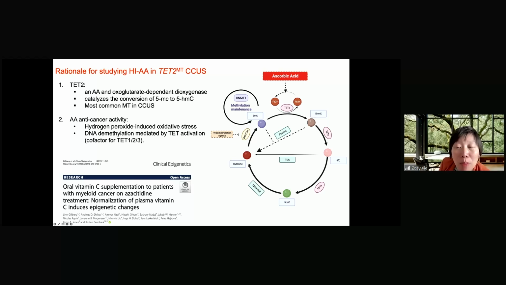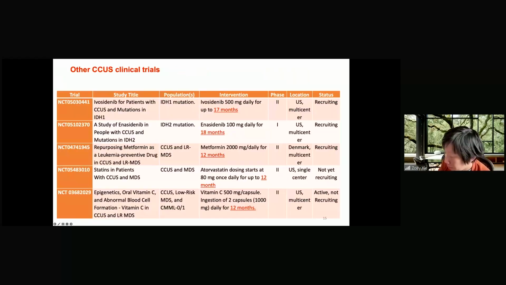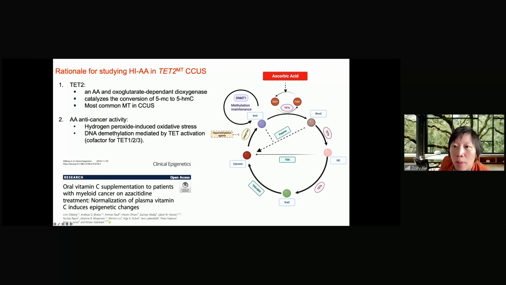Given the high prevalence of TET2 mutation in CCUS, this study hypothesized that ascorbic acid could induce epigenetic modulation by enhancing the oxygenase activity, and therefore enhance the activity of TET2 regulated by the wild type allele and reinforce the functional redundancy in TET1 and TET3.